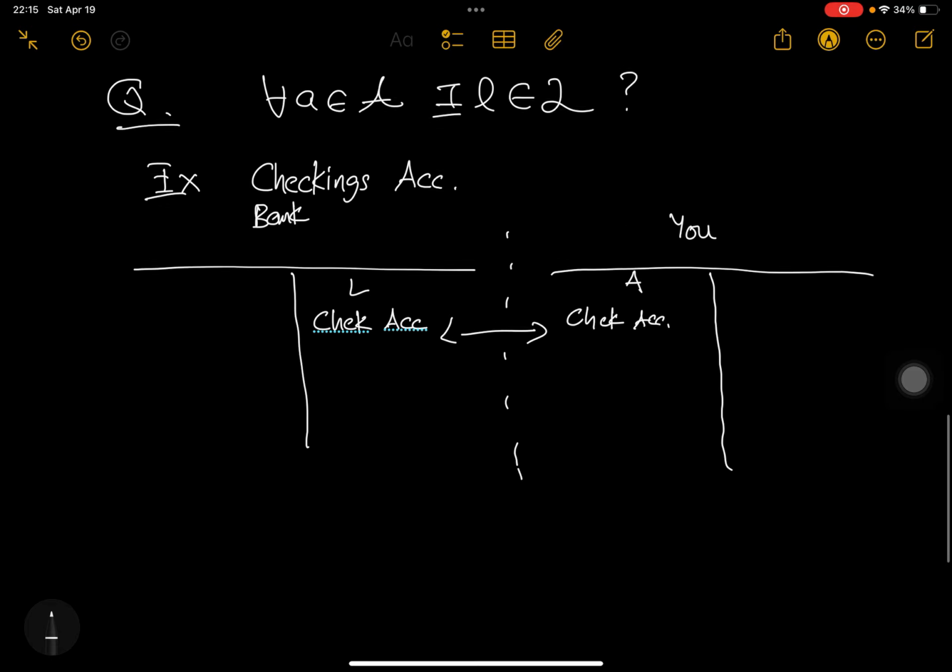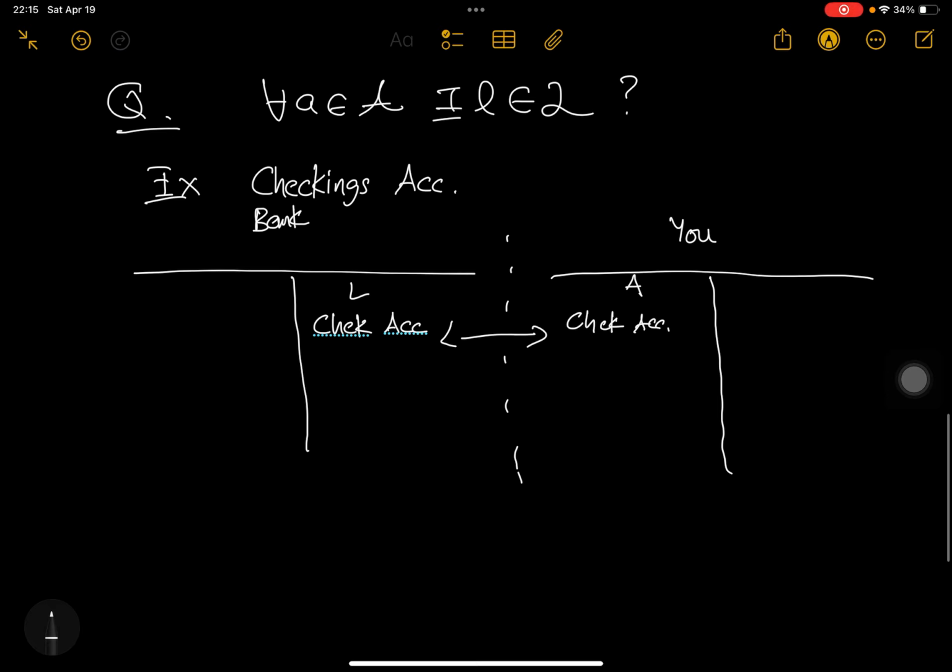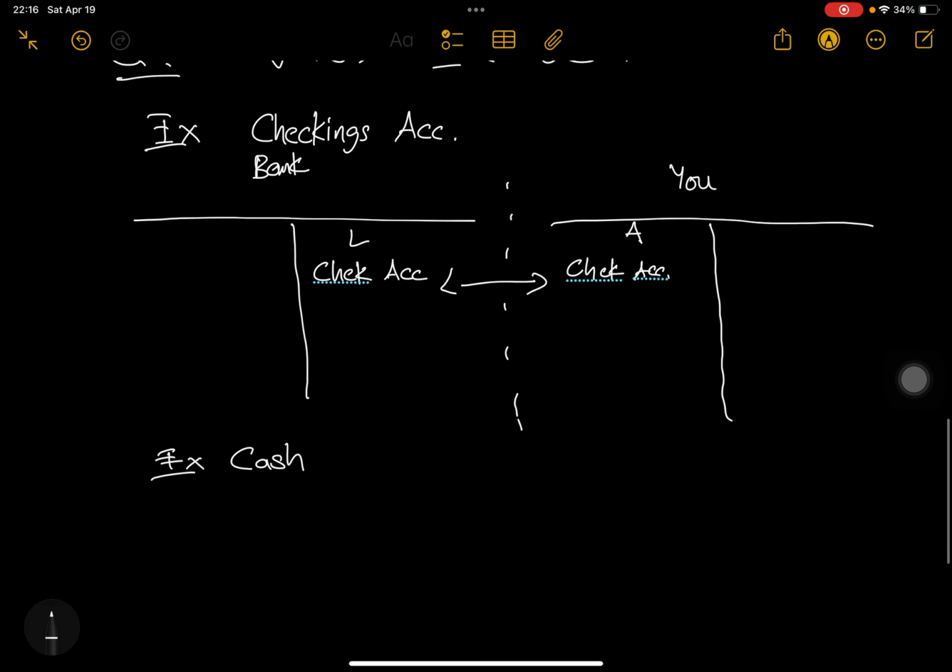And then the next thing you might think of is, well, okay, checking account, that might be the case. What about cash? Cold, hard cash. Isn't this a pure asset? At first, that might seem like it's the case because there's no bank from which you can claim something here.